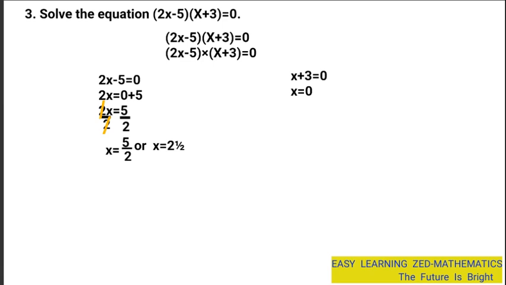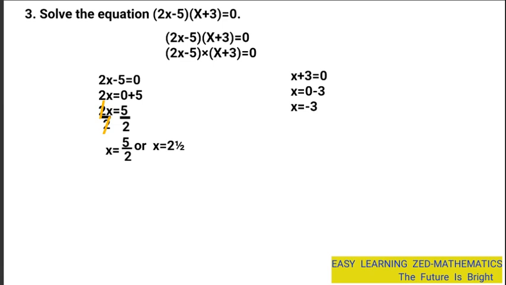So the 3 crosses the equal sign and becomes a negative 3, which is going to be x is equal to 0 plus negative 3, or 0 minus 3, which gives us negative 3. That's the answer. So when x plus 3 is equal to 0, the value of x will be negative 3.